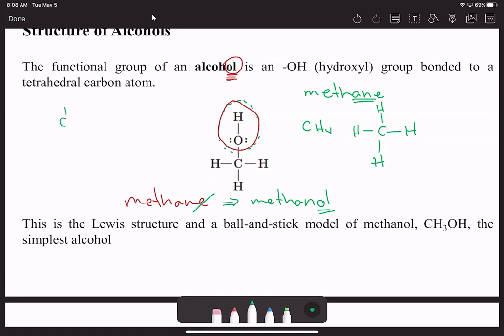Here's ethane. There are 2 carbons, 6 hydrogens. We have ethane.